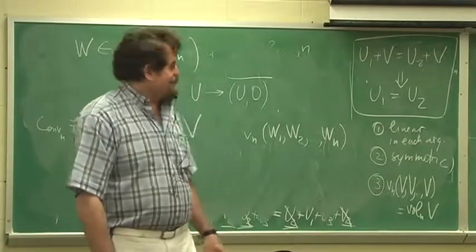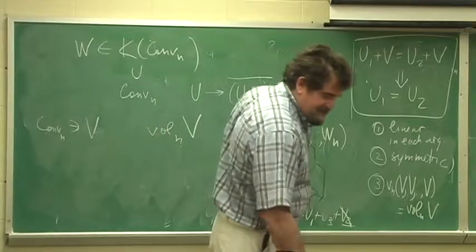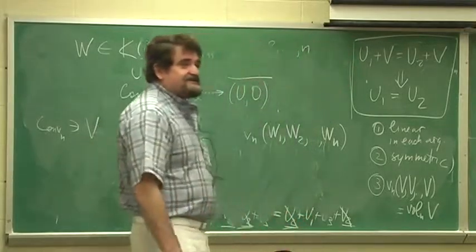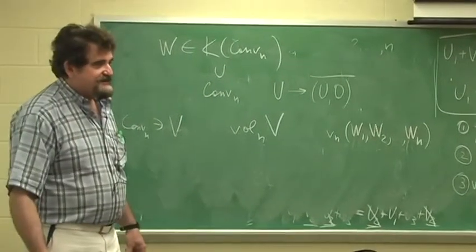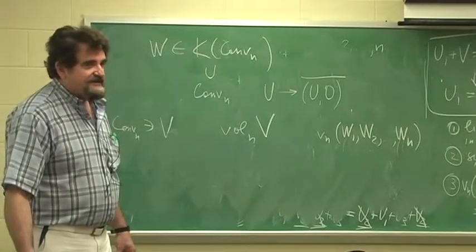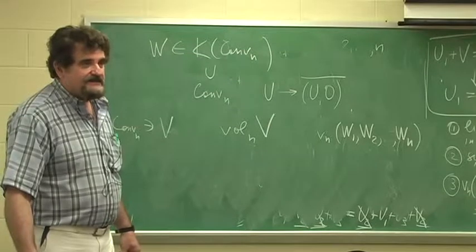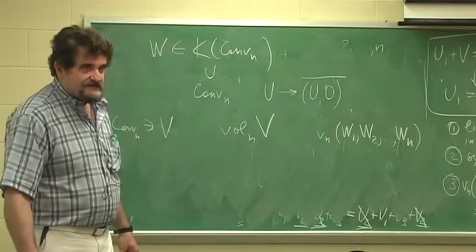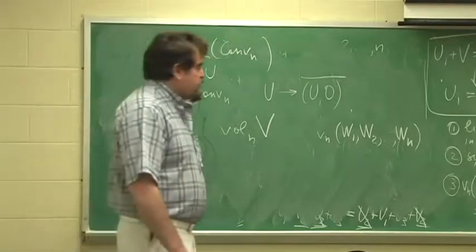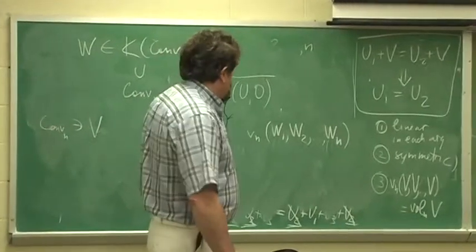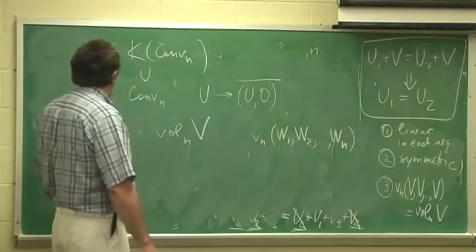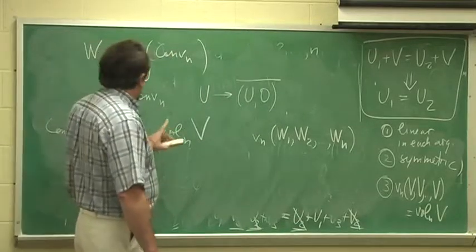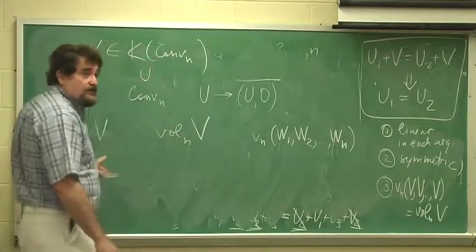I will prove it for n equal 2, and you will immediately understand why this is. Actually, you all know this since, say, senior kindergarten, but maybe in different terms. V belongs to conv, only to part of it.